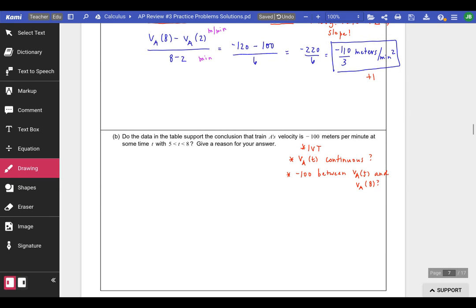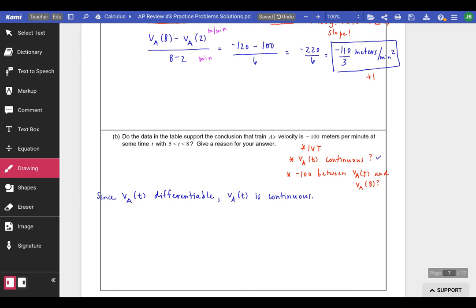So for my first condition, I'm just going to write, since v sub a of t is differentiable, it is also continuous. So we've addressed that first condition.